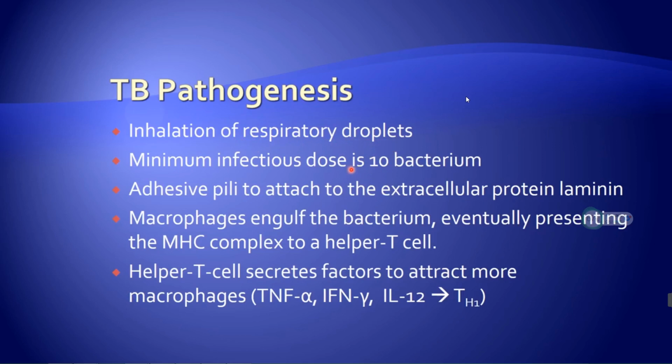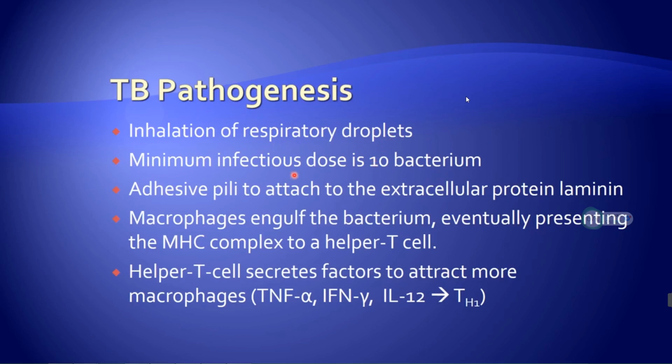When we're looking at the minimum effective dose of this bacterium, we're talking just a handful. 10 bacterium is the minimum that's needed to essentially cause an infection. That's incredible. So this means that if you're in close proximity to someone who has active TB and they start sneezing and coughing, etc., and you get those respiratory droplets, the chances are pretty good that if you breathe these in, you will contract this bacterium.